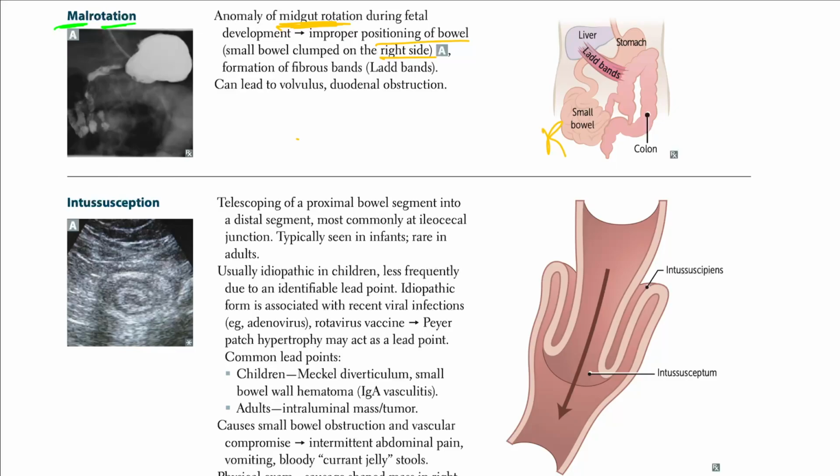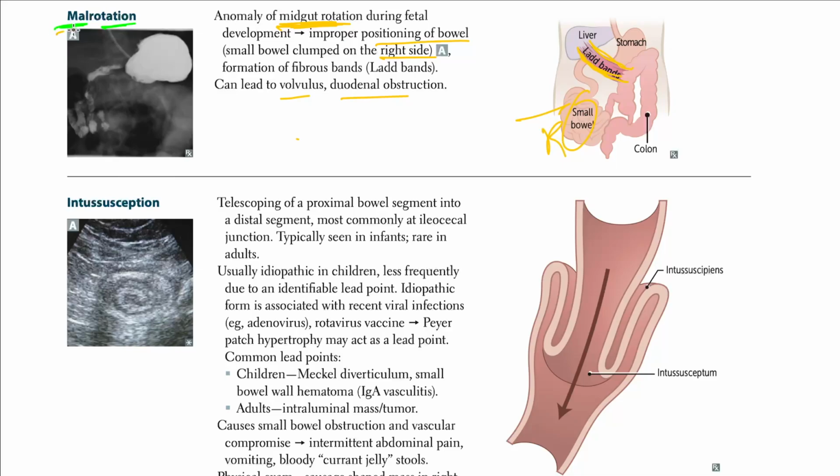This is the right side, so small bowel is clumped here, and there is formation of the fibrous band, Ladd's band. This can either lead to volvulus formation or duodenal obstruction.